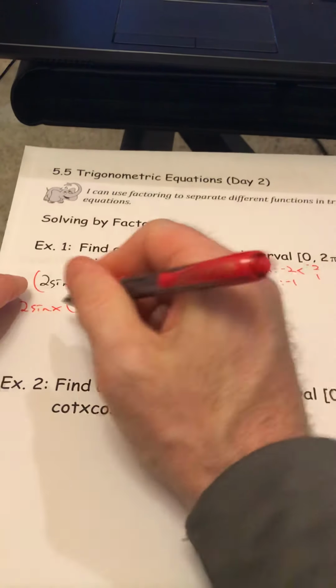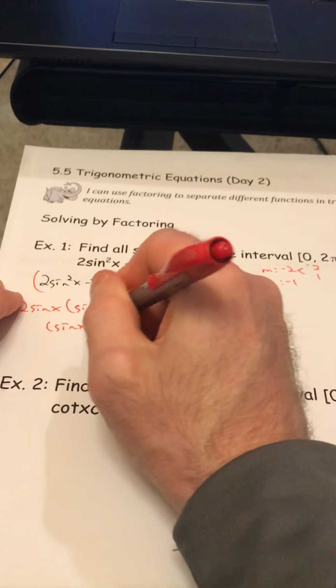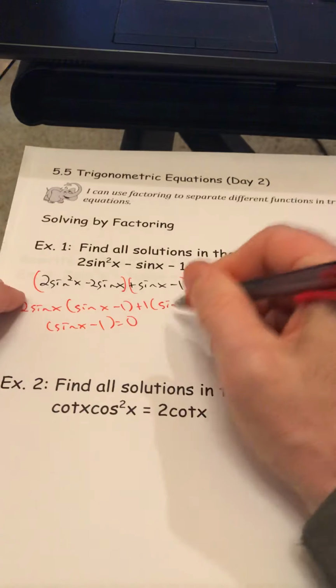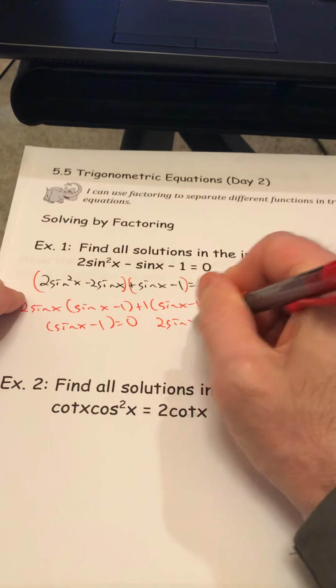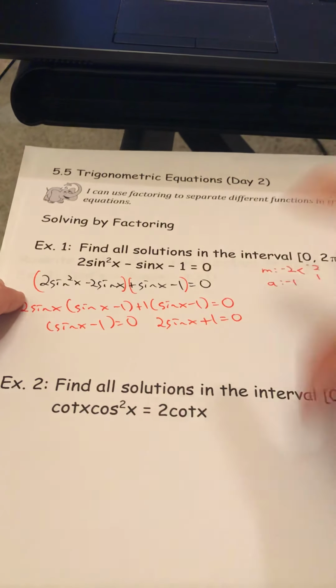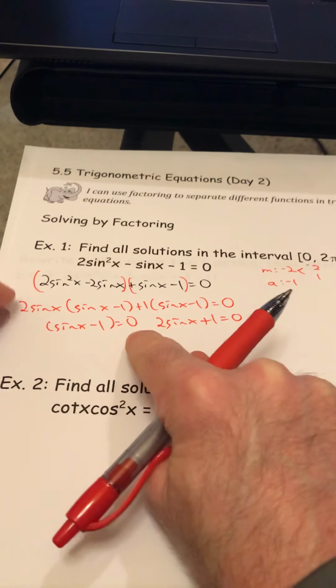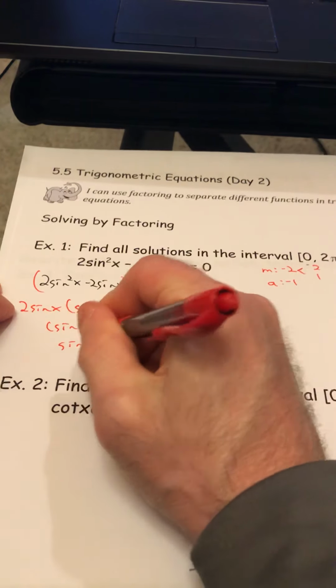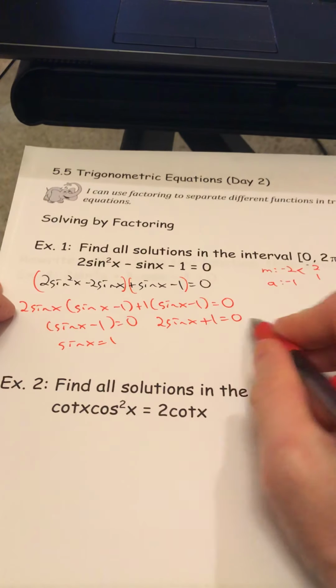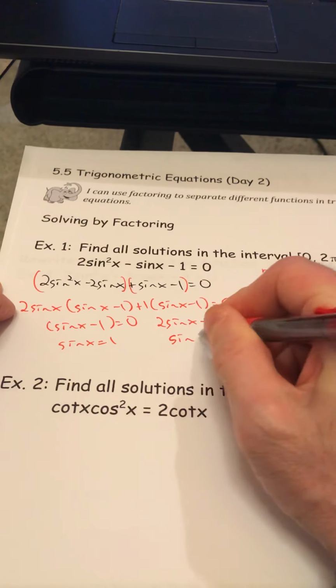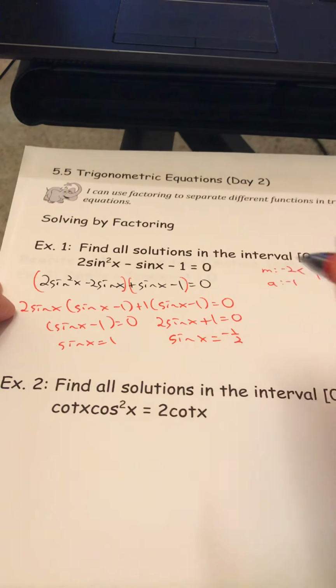So our two factors, sine x minus 1 equals 0, and 2 sine x plus 1 equals 0. Again, what we're going to do for these is isolate our trig function. So sine x equals 1. For this one, subtract 1, divide by 2. Sine x equals negative a half.